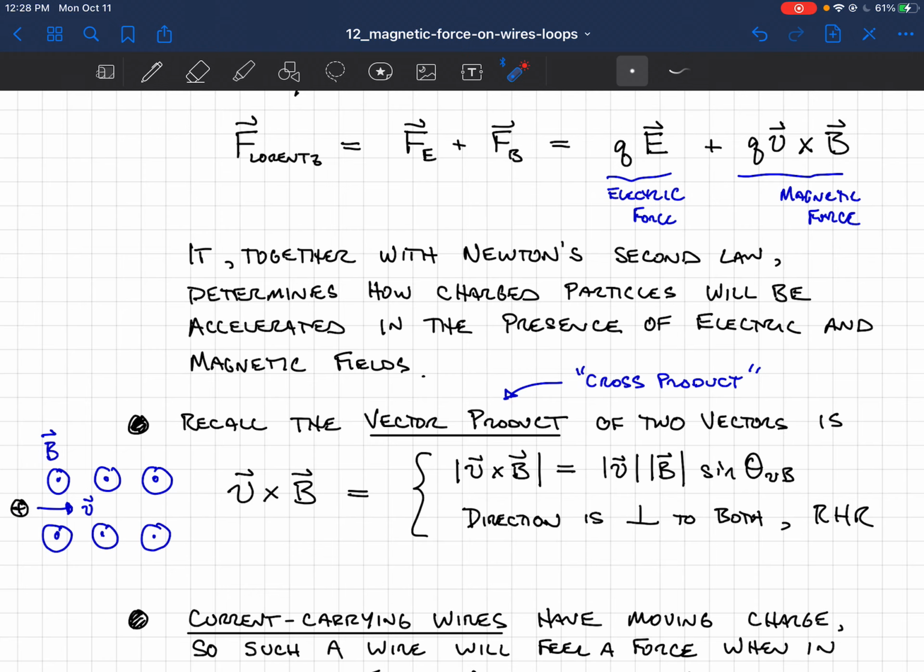That would be a perpendicular plane to the screen that you're looking at right now, basically a horizontal plane. That means that the direction of V cross B must be perpendicular to that. It's perpendicular to both, so it's perpendicular to the plane formed by V and B together.